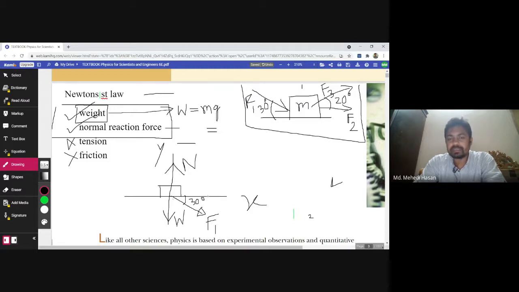Along the x-axis it will be F1 cos 30 degree, and along the y-axis, that means the force is in fourth quadrant, then the force will act downward.